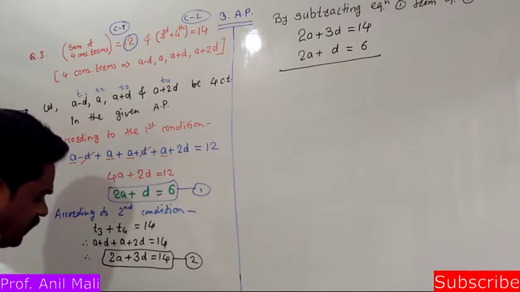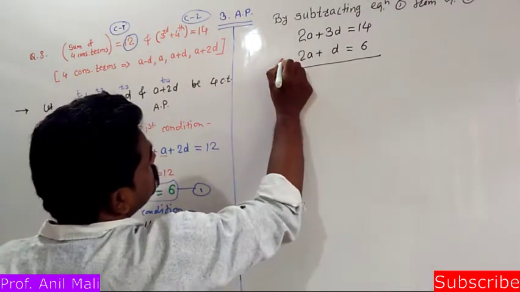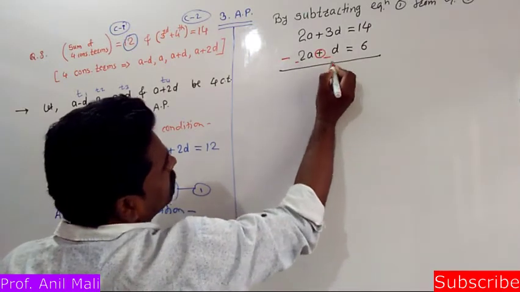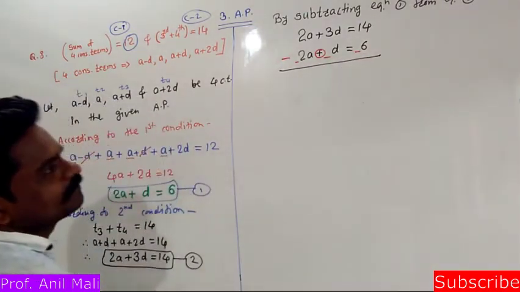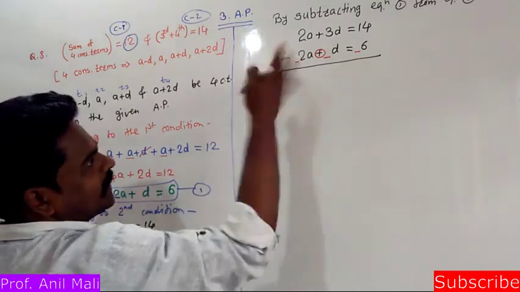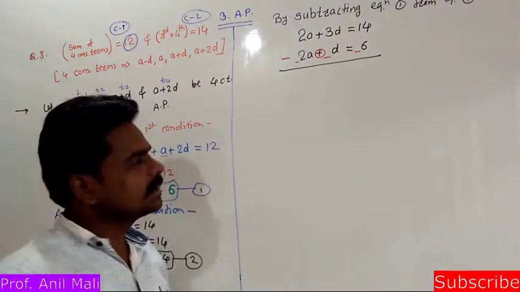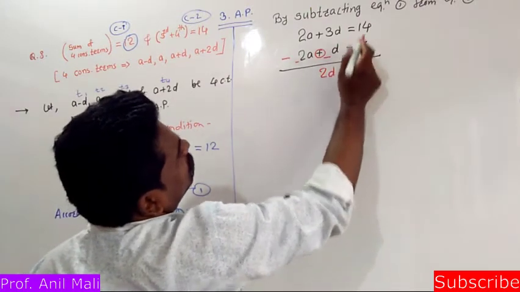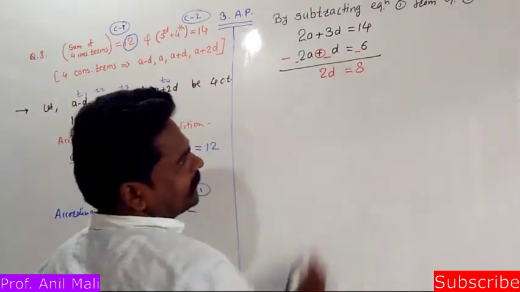Okay, no problem. And you are going to subtract it. So subtract it, this will become minus, this will again become minus, this will become minus. 2A minus 2A cancel each other, we got 0. 3D minus D is 2D, is equal to 14 minus 6, that is 8.